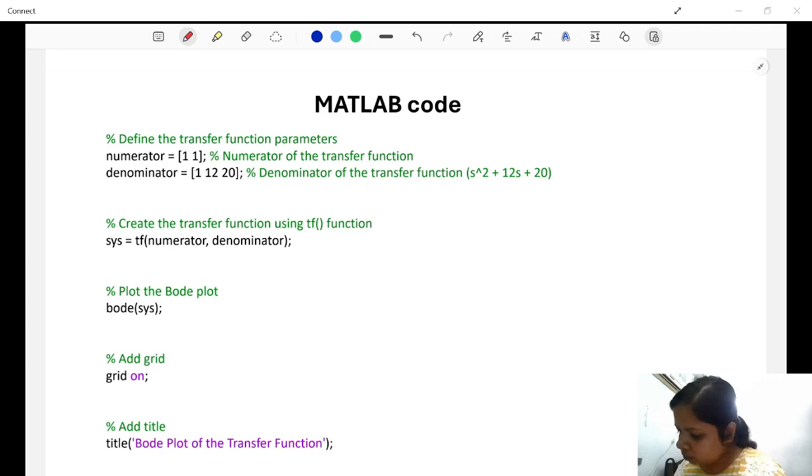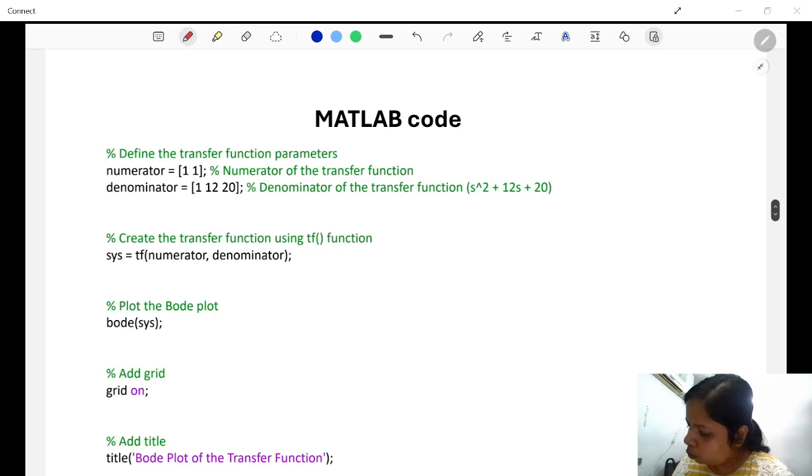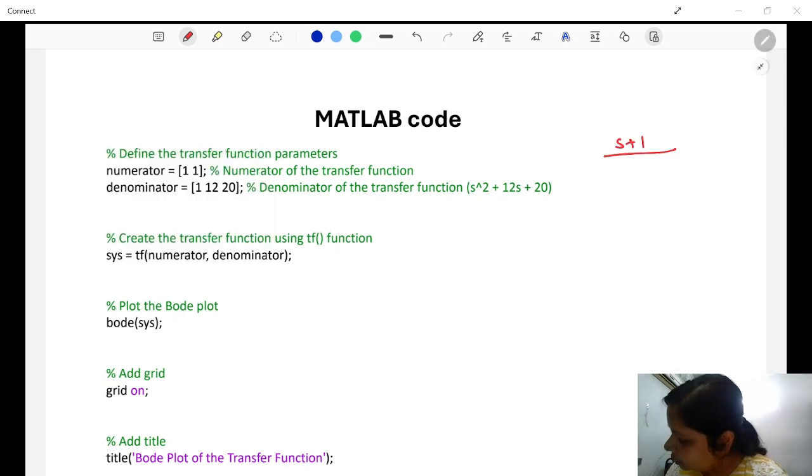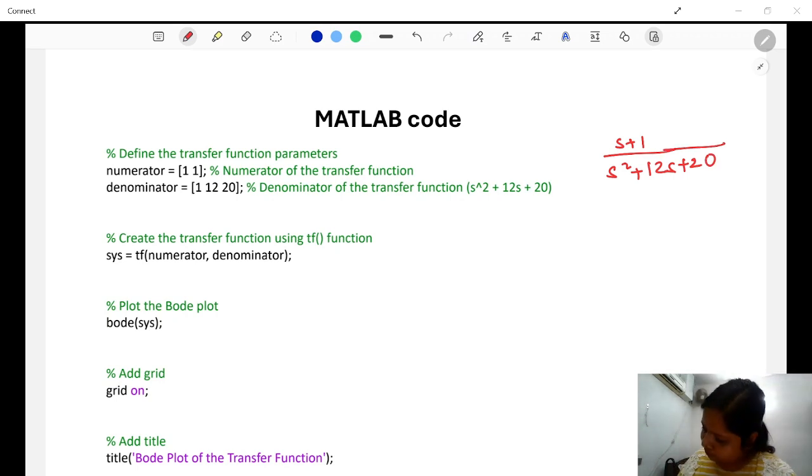So what we wanted to do is s plus 1 upon s square plus 12s plus 20. You can see it written here. The s coefficient is 1 and the s to the power 0 coefficient is 1.